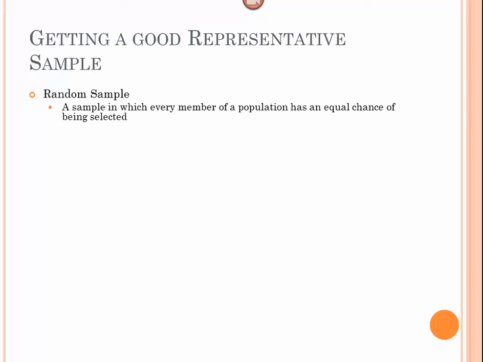So, if we want to do a random sample, and we don't want to get too complicated with our strategy, we can do what's called a simple random sample. In fact, you can even just write "simple" in front of the "random" there. Simple random sample. To do a simple random sample, it's something that you've probably done before.